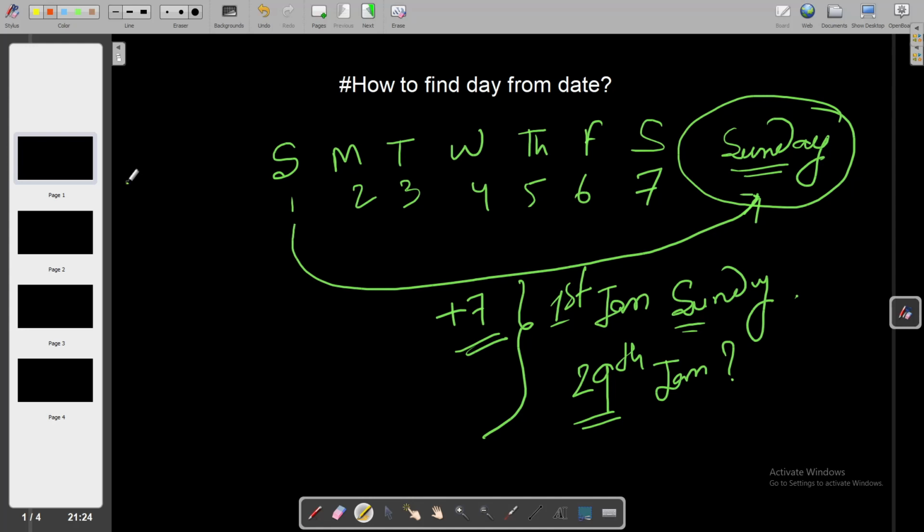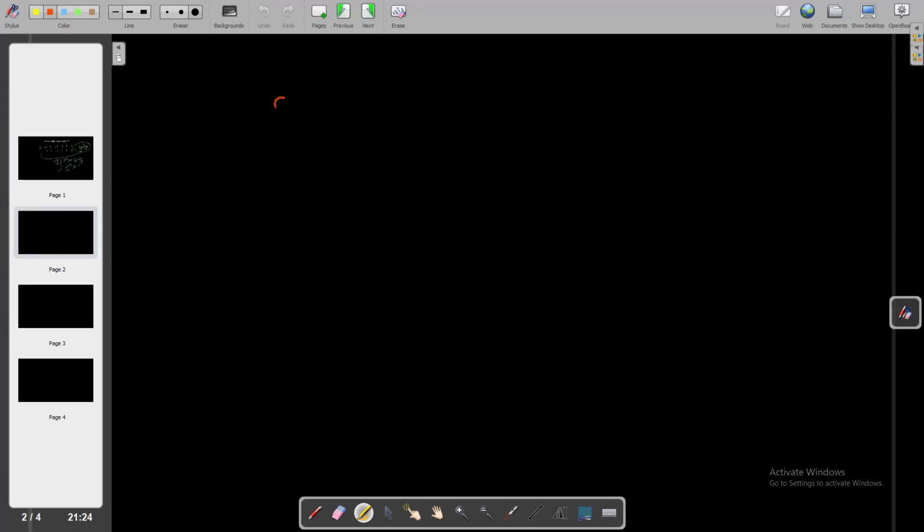Let me show you. First of all, we have to take the date for which we have to find the day. The date is 29th January, and today's date is 1st January. At first, we have to subtract 1 from 29th January. Then it will be 28.